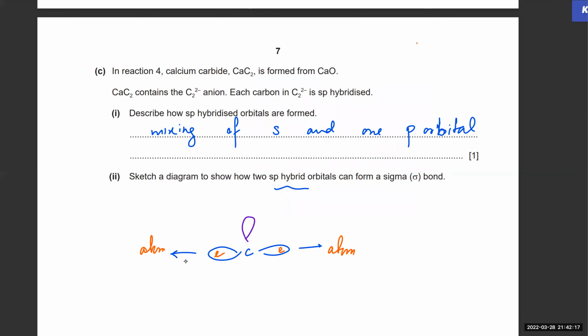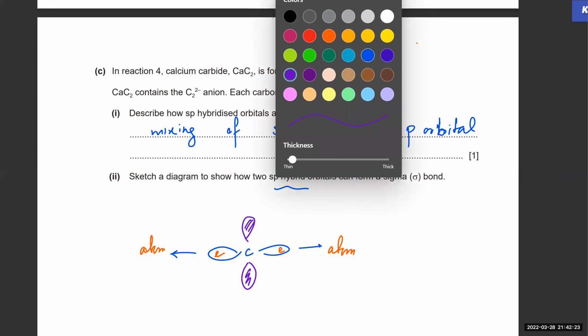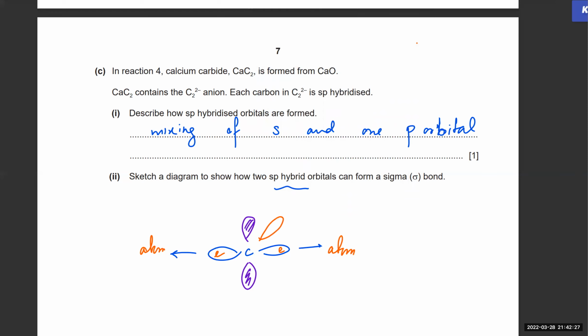So there's 1 orbital that remains unchanged, and another orbital which also remains unchanged. So 2 of the p orbitals remain unchanged.